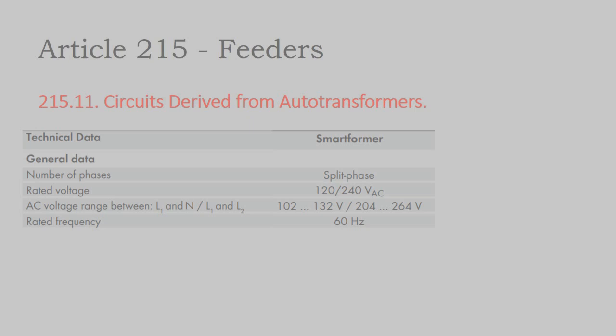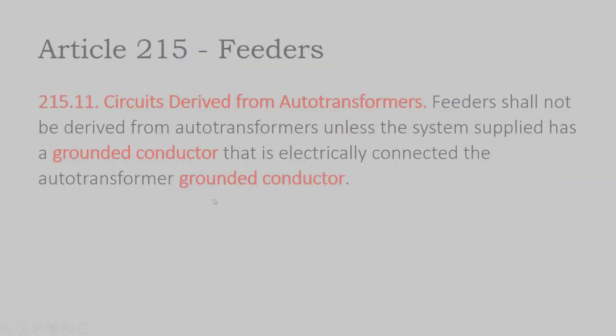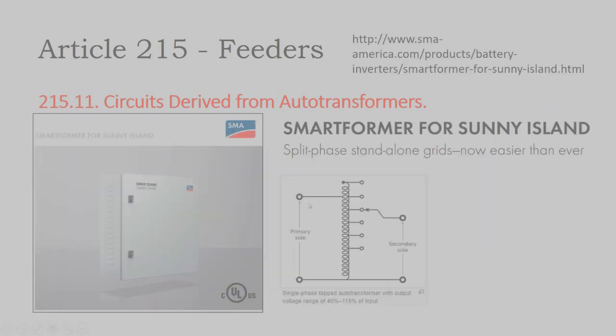The neutral helps complete the circuit for these systems, and if there's ever a ground fault, the current in the neutral helps lift the breaker at the breaker switch. And so here we have our Sunny Island, and it says, feeders shall not be derived unless the grounded conductor is electrically connected to the auto transformer.